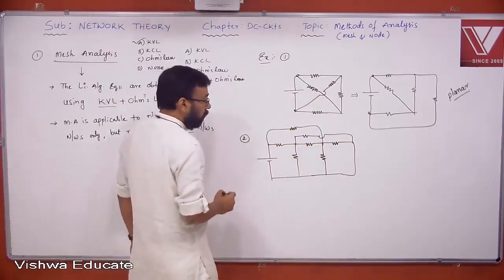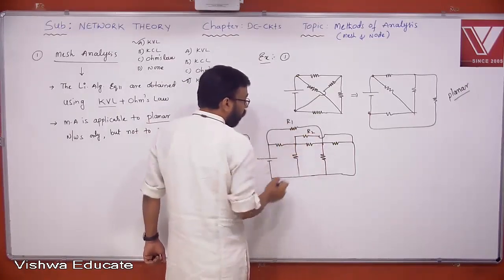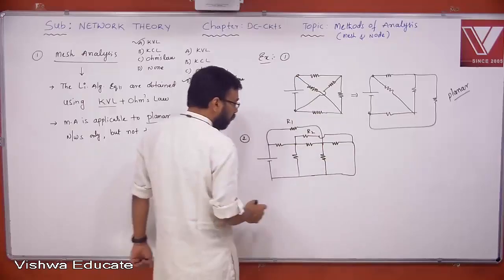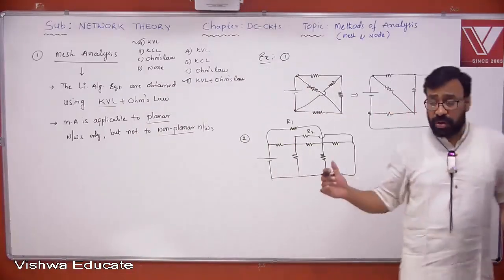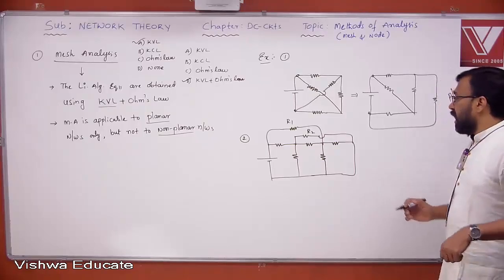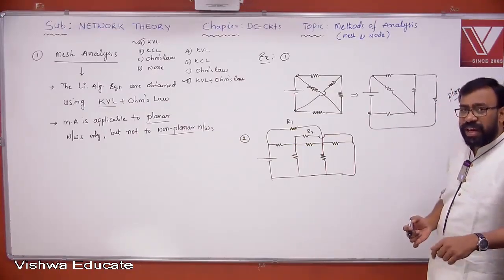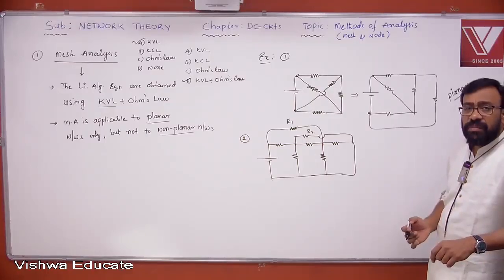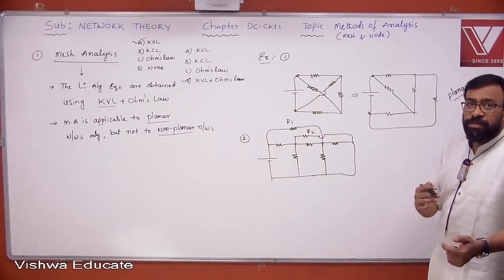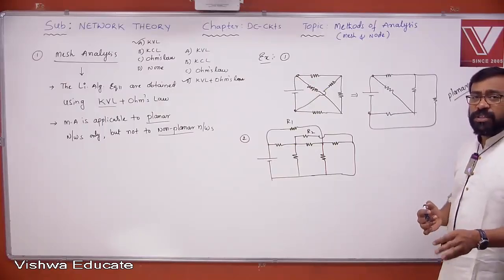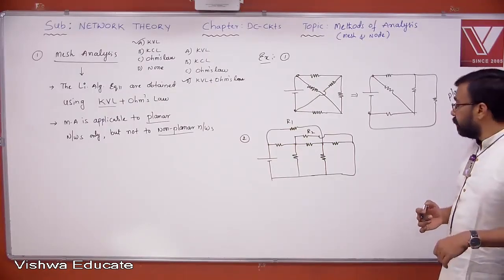Let me say this is R1, this is R2, and all the remaining elements are there. I don't want to name them. Just these two are very important here. So what happens here? You find crossovers. I told you, just looking at the network, because you found some crossovers, don't call it non-planar. You make an attempt first, whether it is possible to redraw the network eliminating that crossover or not. That you have to check.